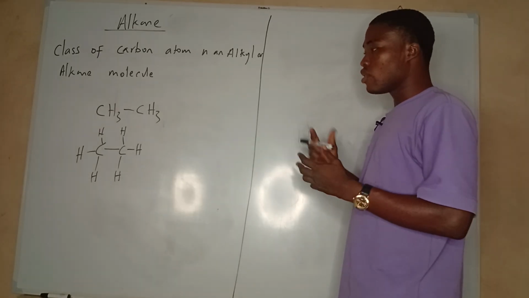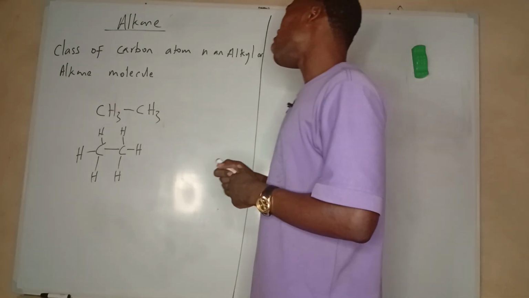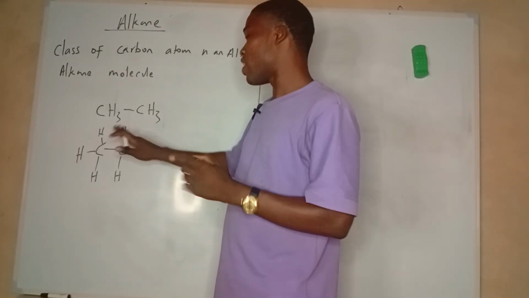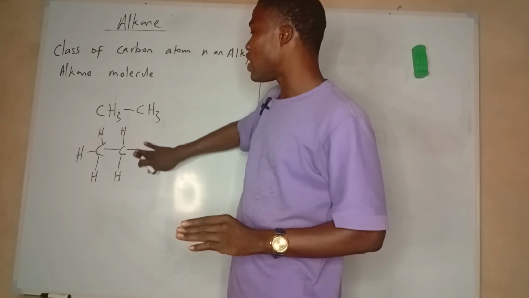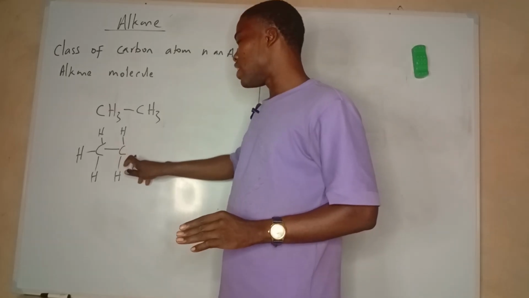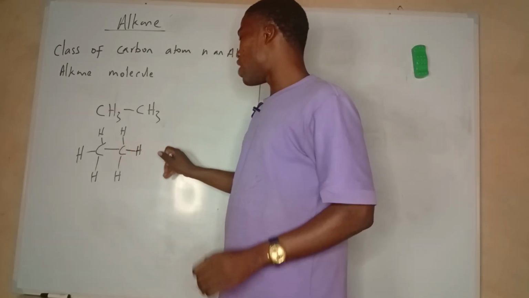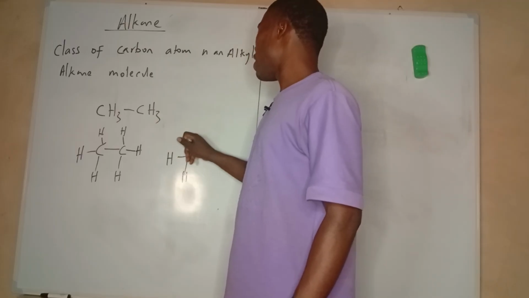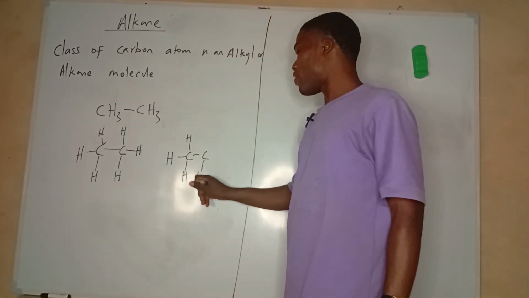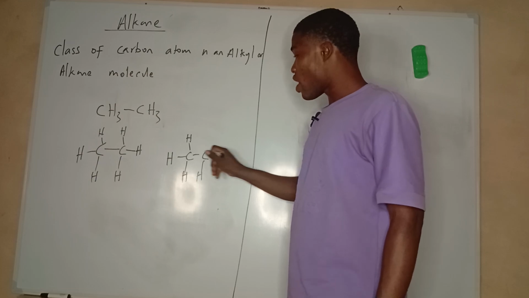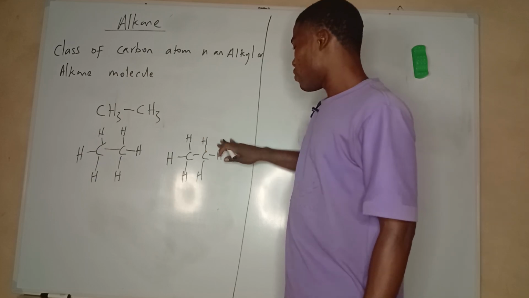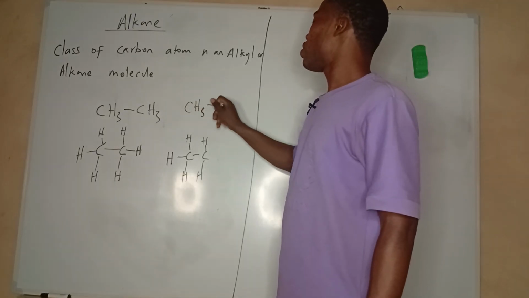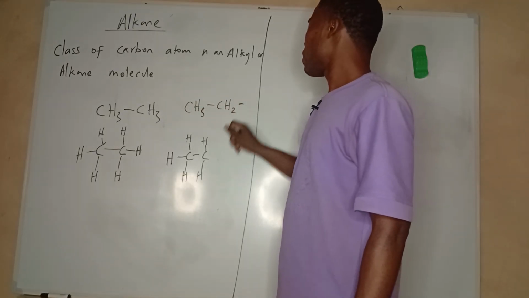Now, if any carbon of this alkane loses a hydrogen, it becomes something like this. So let me draw that. I have CH3 and CH2 after losing a hydrogen.